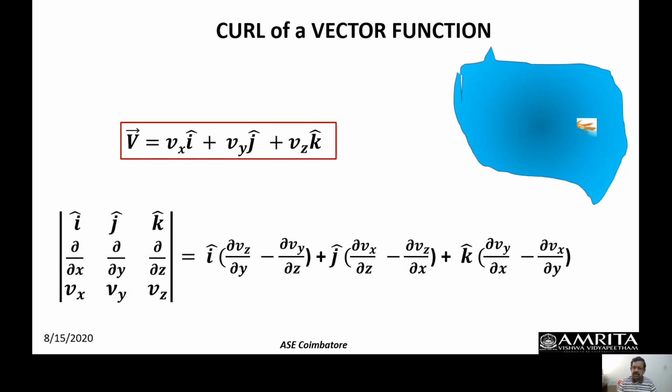So which means there is a curl associated with this point. Whenever this paddle wheel rotates about a point, the fluid flow has a curl associated with it at that point. Not necessarily will this curl be the same throughout the pond. You know this very well, because you must have taken a bath in river waters at some point in your lifetime, and you must have heard people say, do not go over there and take a bath.